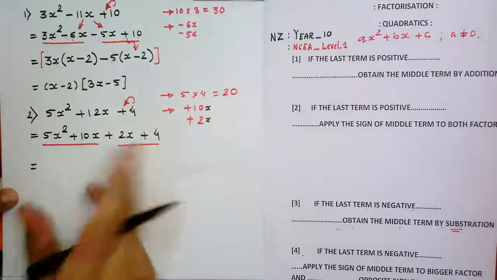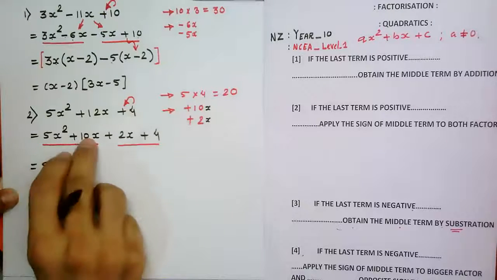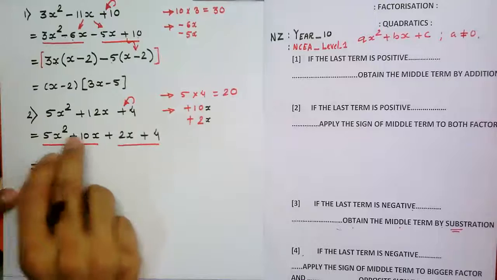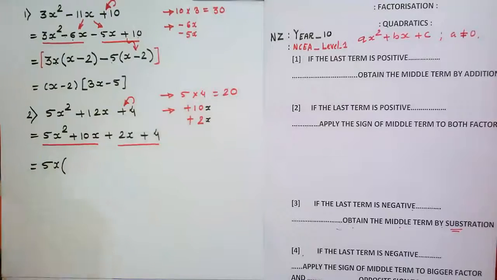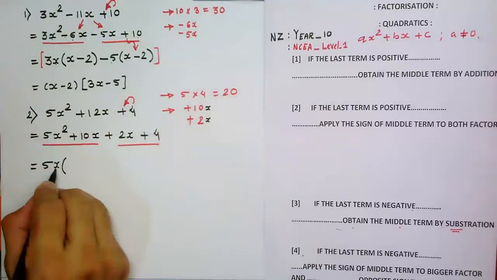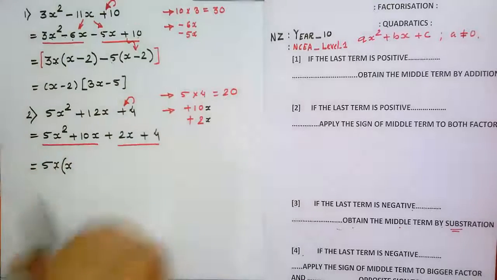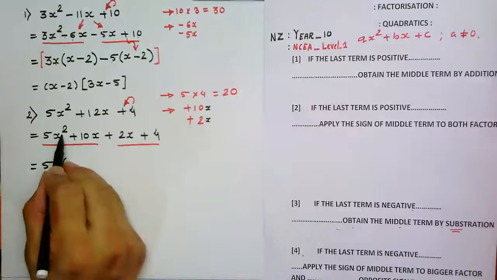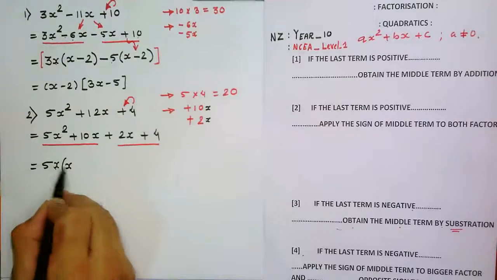5 times 2 is 10. So 5 is common. x is present in both the terms. So x is also common. So what remains inside the bracket? 5 is outside. x into x is x squared. You can think in the opposite way. Out of the 2 powers of x, 1 is kept outside, so 1 will remain inside.